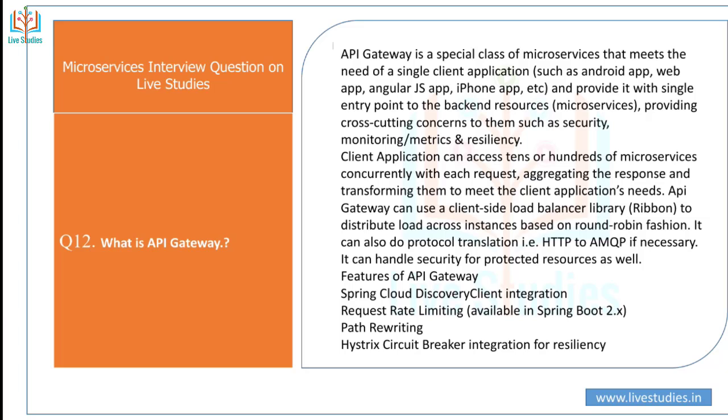Move to the next question. Another question is: what is the API gateway? It is a very important question for an experienced student. An API gateway is a special class of microservice that meets the need of a single client application, such as an Android app, web app, AngularJS app, or iPhone app, and provides it with a single entry point to the backend resource microservices, providing cross-cutting concerns to them such as security, monitoring, metrics, and resiliency.